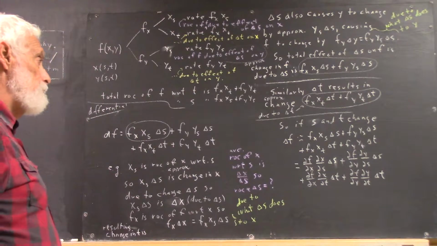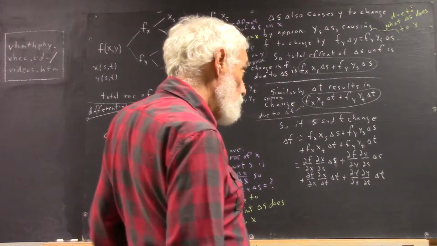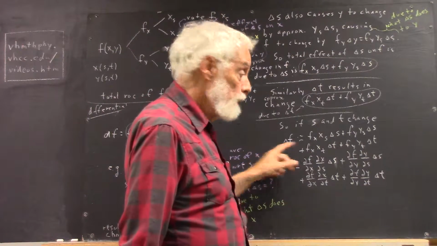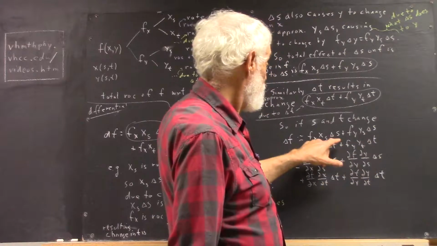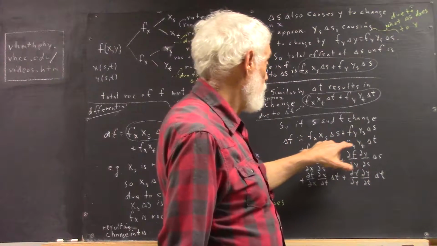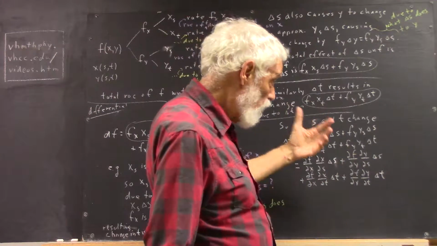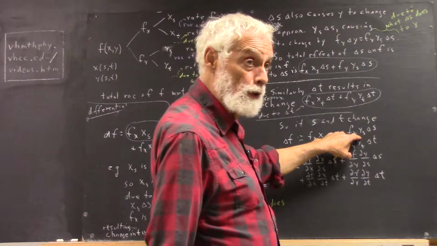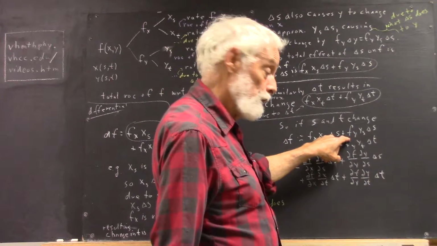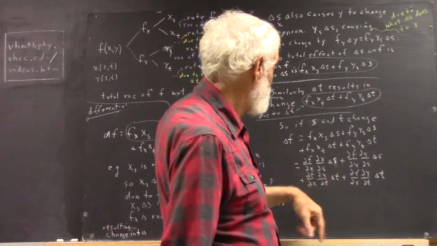So if S and T both change, what do you get? Your delta F is the sum of the change due to delta S as it affects X, and in turn the value of F, and as delta S affects Y, causing a change in Y, which in turn causes a change through the Y partial derivative.